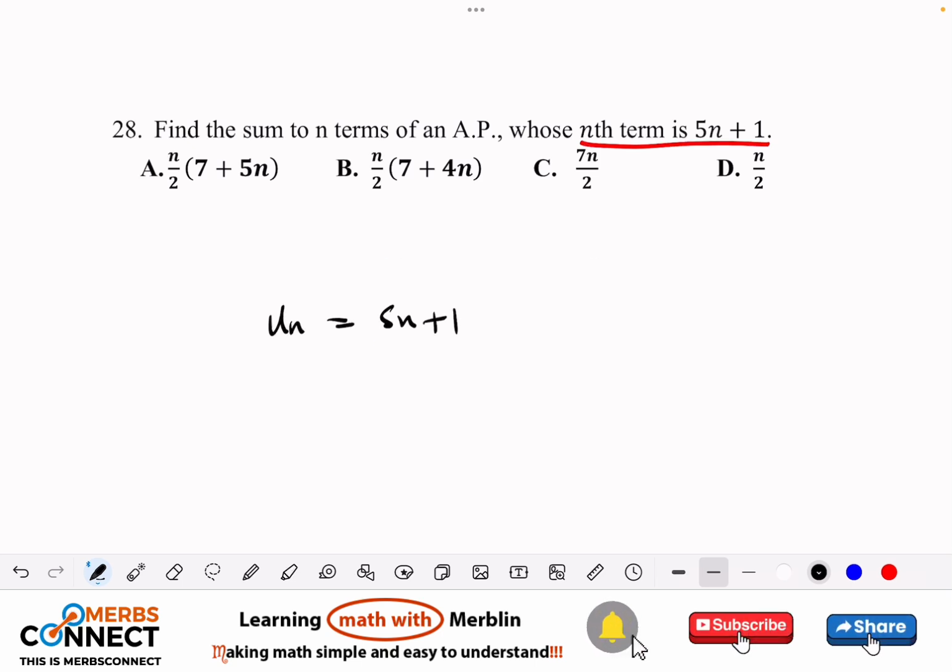So this will help us to know A, we can also use to find our D, because this is arithmetic progression. So when n is 1, we are going to get 5 times 1, which is equal to 5 plus 1, which is equal to 6. We can pick u2, 5 times 2 plus 1, which is equal to 10 plus 1, which is equal to 11.